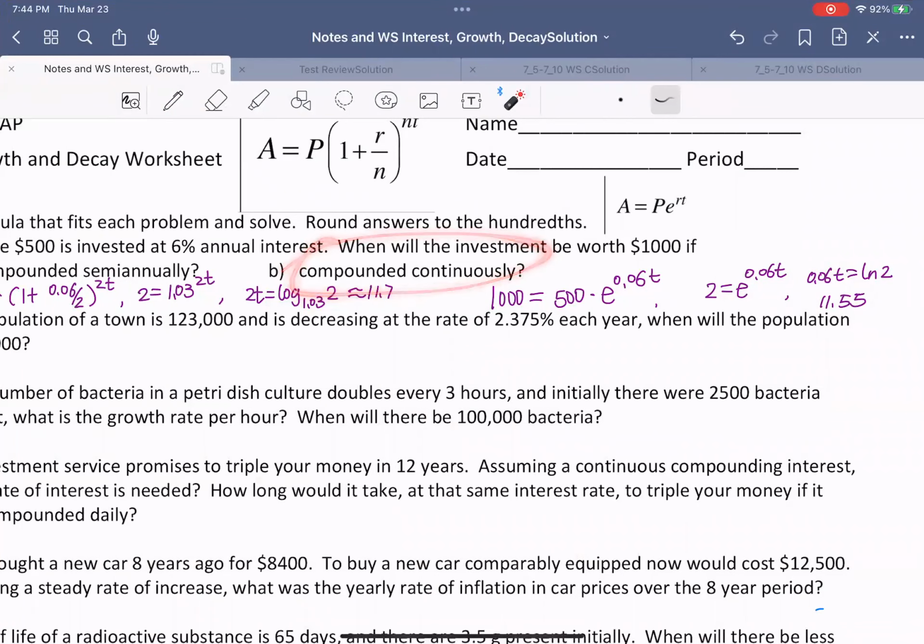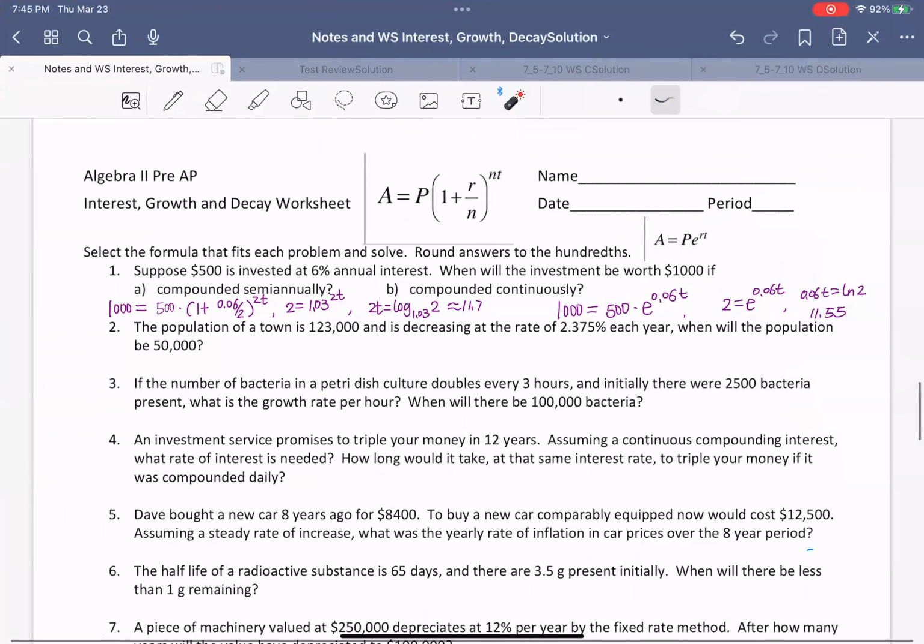Compound continuously is, of course, going to reach the target money the quickest. But because this rate is very small, these two numbers won't be too different. But if the credit card company charges you 25% interest rate, then these two numbers will have a very big difference. Right now here, 6% is not too big. So these two numbers have a difference, but not too much.